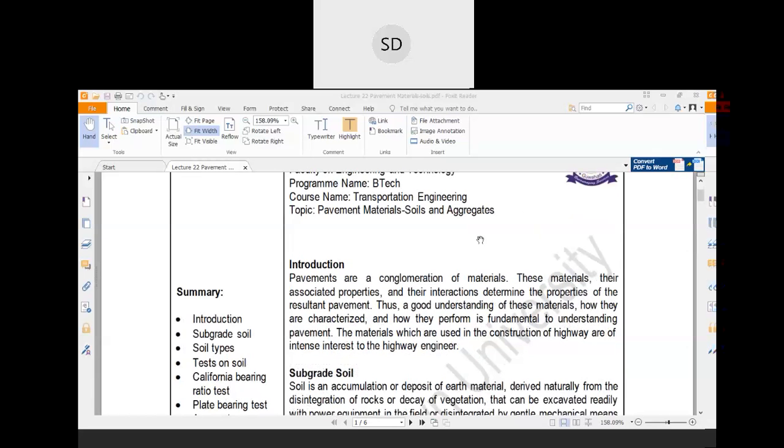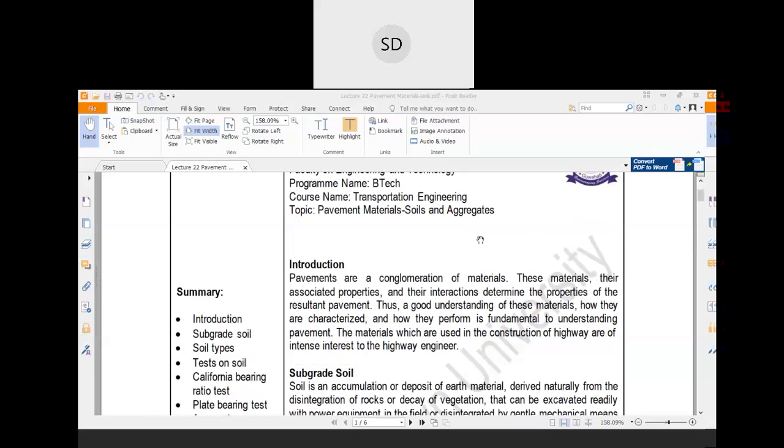Now, these pavements are a conglomeration of materials. Conglomeration means this is a composite of different materials. These materials, their associated properties and their interactions determine the properties of the resultant pavement, as in concrete.